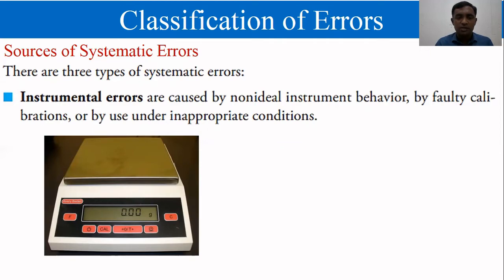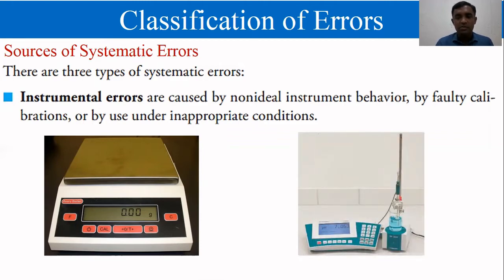Sometimes, if the instrument has additional impurities like rust, or if the instrument is handled at a higher temperature, it may not give you the accurate weight. These types of errors are usually categorized as instrumental errors. It may also come from electrical fluctuation in the power supply of this weighing balance.